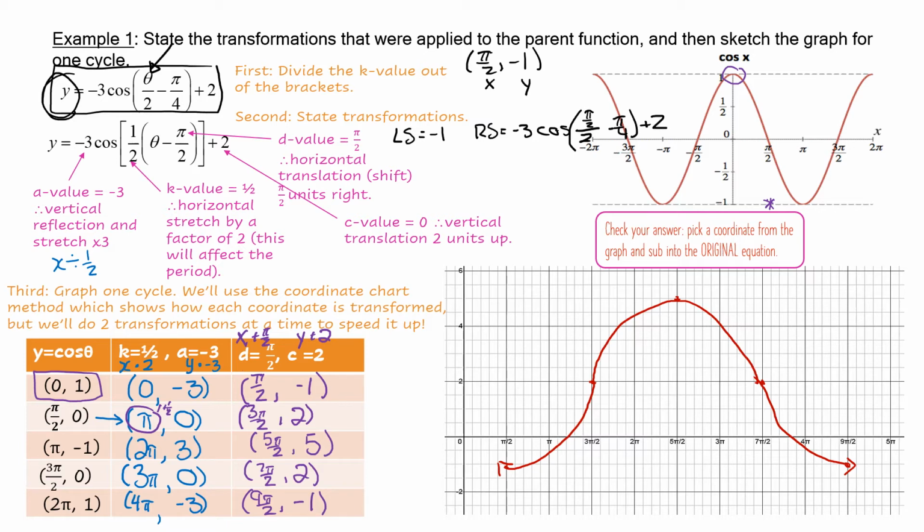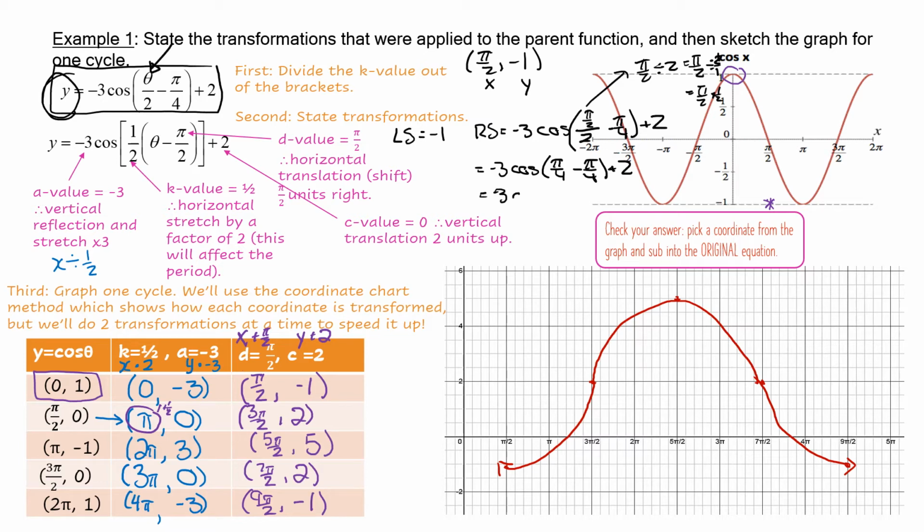So pi over 2 over 2, pi over 2 divided by 2 is pi over 2 divided by 1/2, divided by 2 over 1, which is pi over 2 times 1/2, so that's pi over 4. So I'm going to change that to -3 times cos of pi over 4 minus pi over 4, that's nice. That's going to be a nice easy bracket there, plus 2.